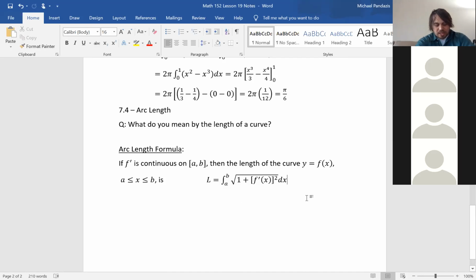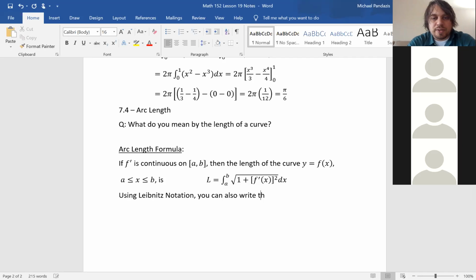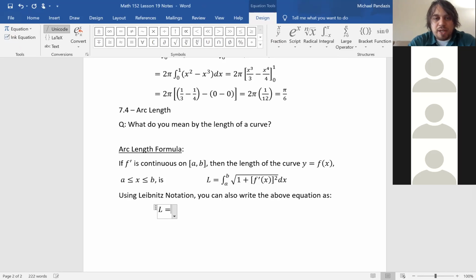Using Leibniz notation, you can also write the above equation as follows, and this is usually the way I would write it.